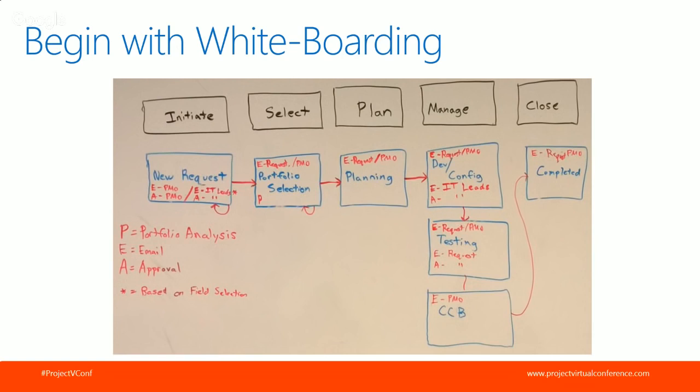And then what I've shown here in red is that we'll have certain notes about each phase and stage. Maybe we have E for email going out, a P for a portfolio analysis, being a selection, and then based on either an acceptance or rejection of approval, you might move to a different stage in your workflow. So generally, you're mapping it out on a whiteboard.